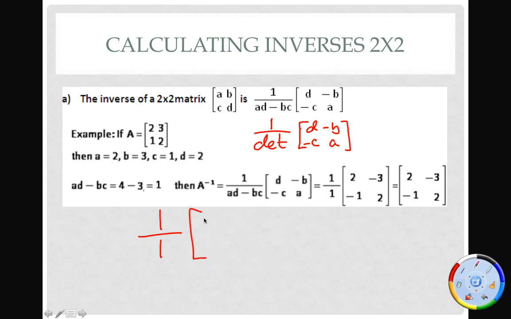I swap A and D, and in this case they're both 2s, and I make the opposite of the other two values. Then I multiply this number in, and notice that we get 2, -3, -1, 2. So this matrix right here is equal to A inverse.